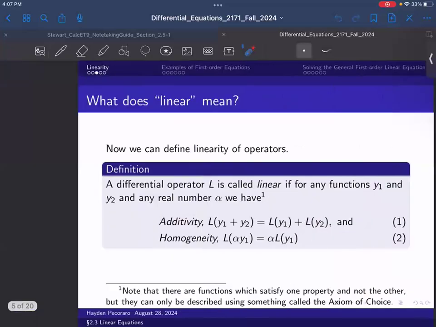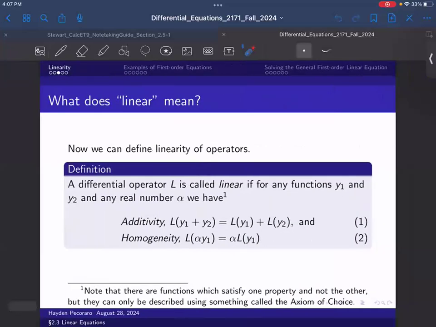Cool. All right, so what does linear actually mean? So a differential operator is called linear if for any functions y1 and y2 and any real number alpha, we have two properties. So additivity, you might remember this.